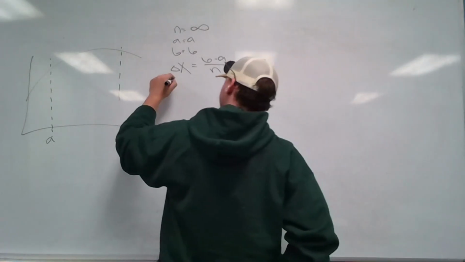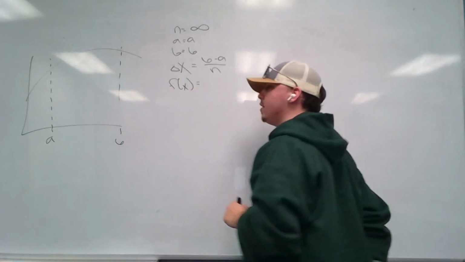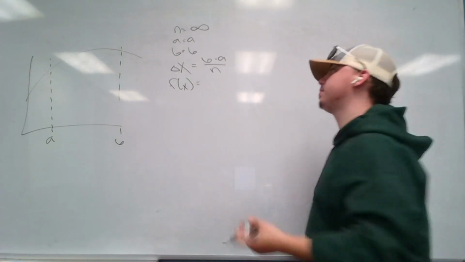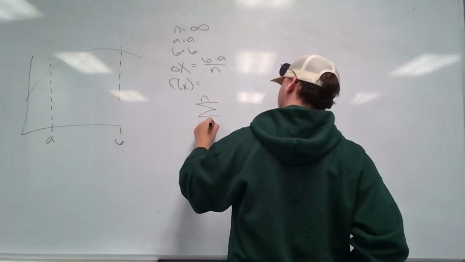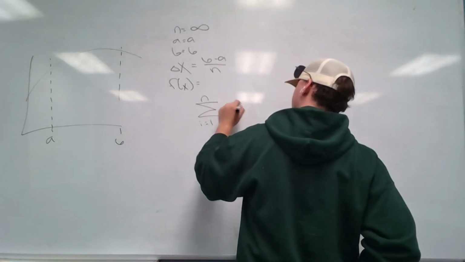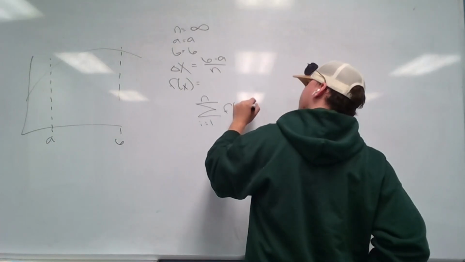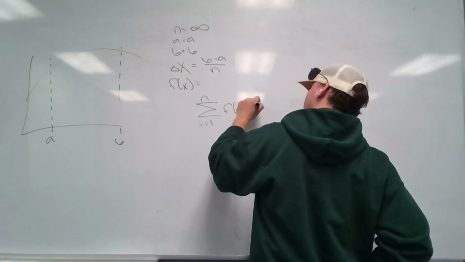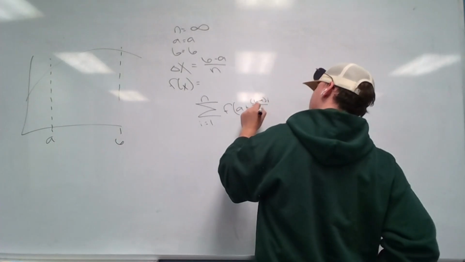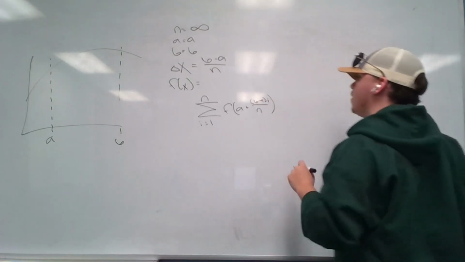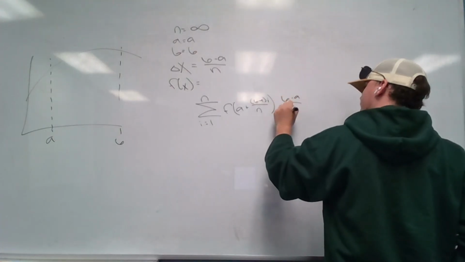So we're also going to have our f of x, and that's just going to be whatever f of x is. And then the same thing happens. We just construct our sum. The sum from i equals 1 of f of a plus change in x times i, so it would be b minus a over n times i, times b minus a over n.